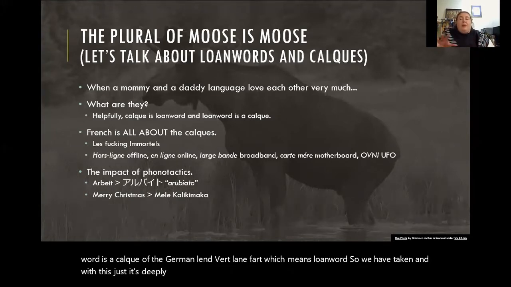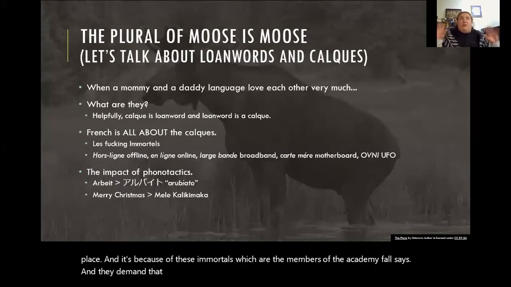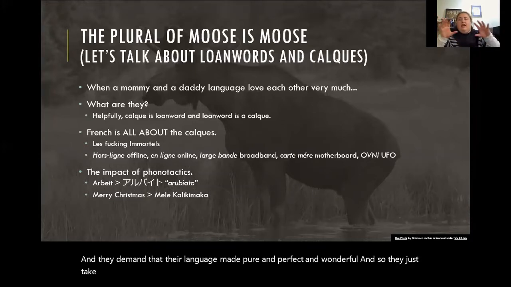So French is all about the calques. You see that all over the place, and it's because of les immortels, which are the members of the Académie Française, and they demand that their language remain pure and perfect and wonderful. And so they just take concepts like offline, and they translate that into French.